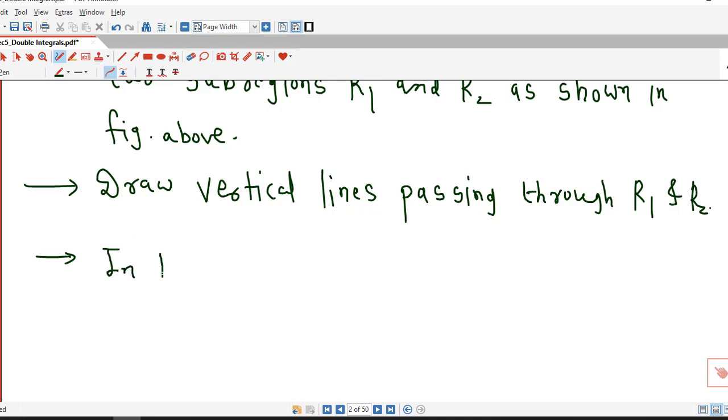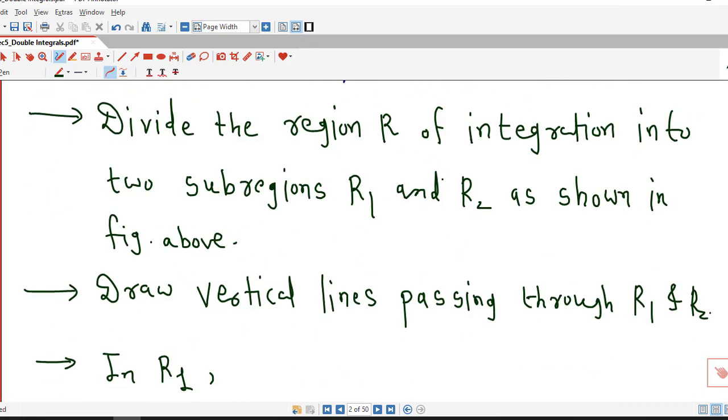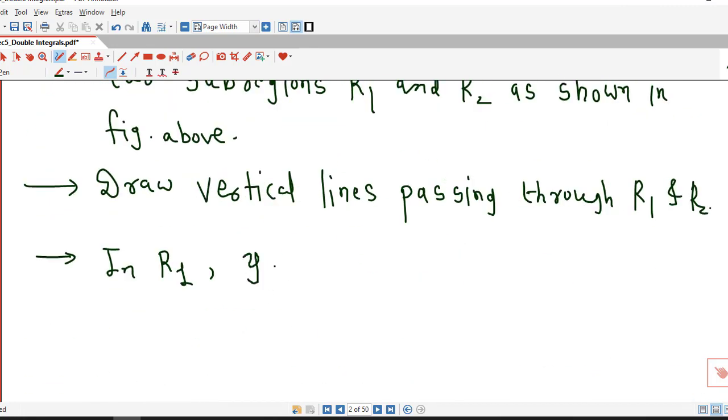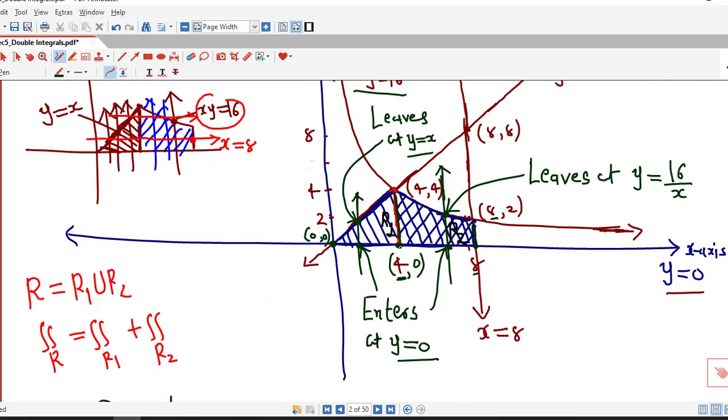So in region R1, the limits of y are from y equal to 0 to y equal to x, and x is from 0 to x equal to 4, because this is the rightmost point of region R1 and this is the leftmost point of region R1.